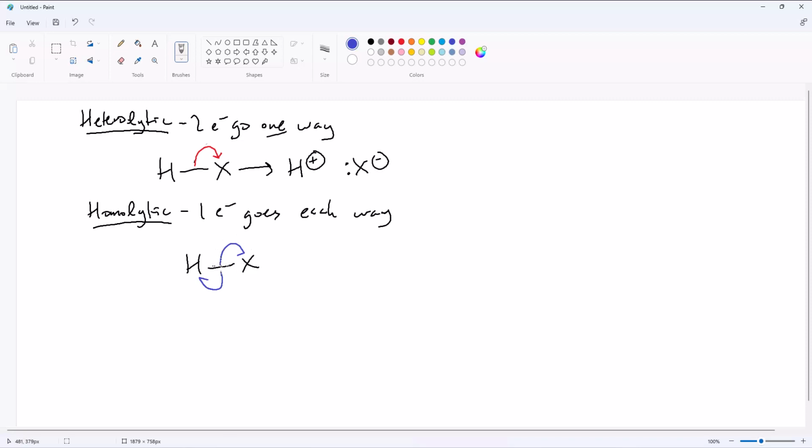A single bond contains 2 electrons; one flows onto X, and one flows onto H. As a result, we're left with 2 neutral radical species, an H dot and an X dot. We use this single-headed arrow in radical chemistry to show that 1 electron is flowing rather than 2.